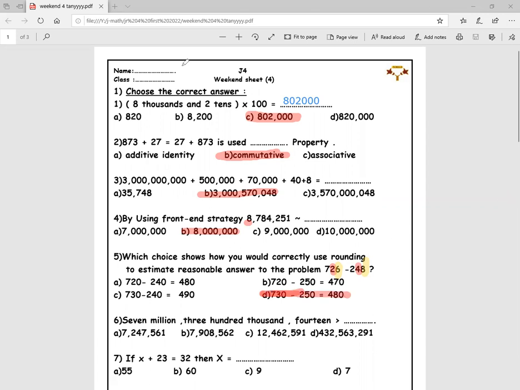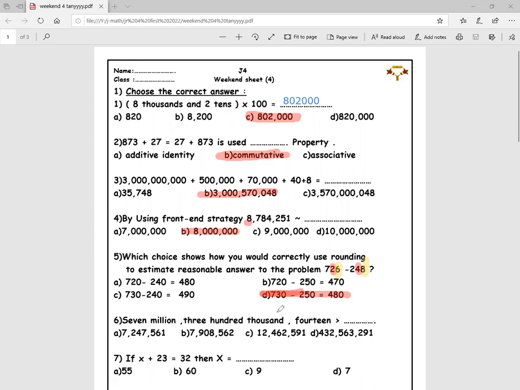Let's see the next one. 7,300,014. 7 million, so 7 in the millions. 7,300,014 is greater than which of these? Let's check. 7 million, I have here also 7, and here also 7. And here 12.